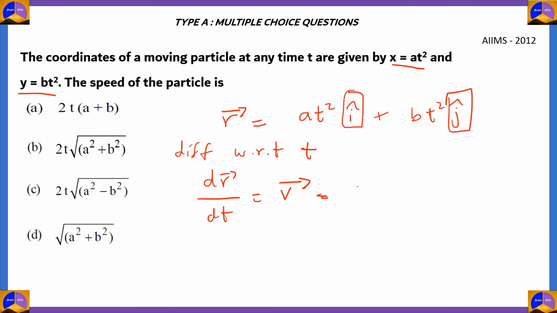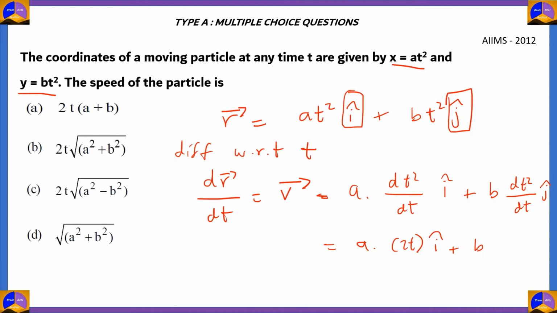So it will be a times d t squared by dt i cap plus b times d t squared by dt j cap. Now the differential of t squared with respect to t is equal to 2t. So a times 2t i cap plus b times 2t j cap.